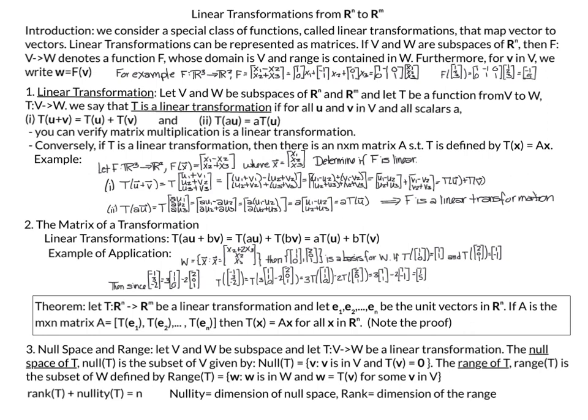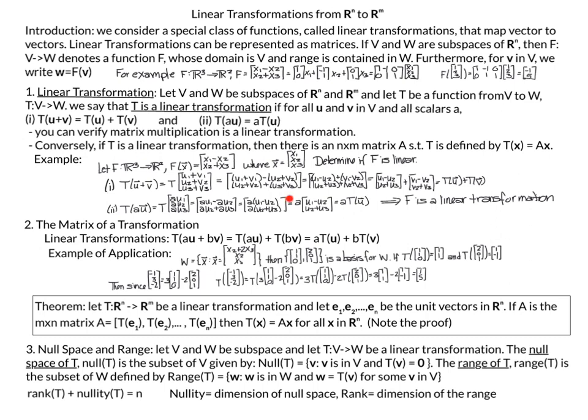We talked about linear transformations and how they were essentially a function that maps a vector to a vector. We said that in particular, a linear transformation upholds these two conditions: T of u plus v is equal to T of u plus T of v, and T of a scalar a times u is equal to a times T of u.